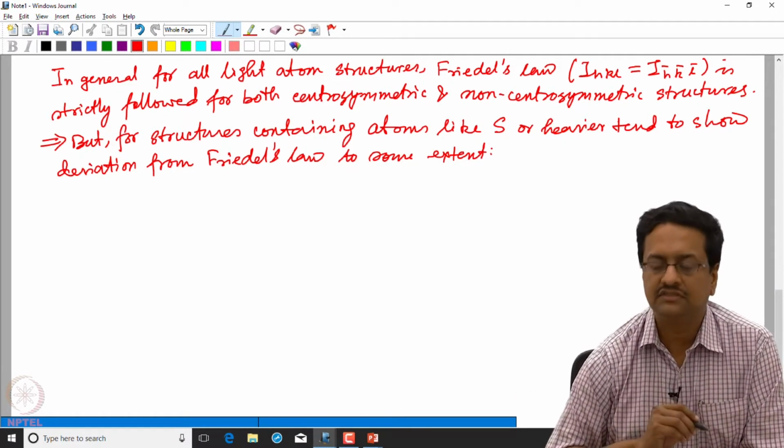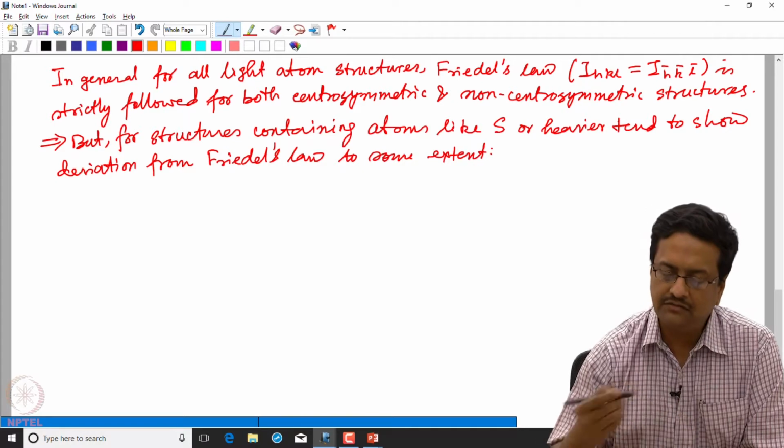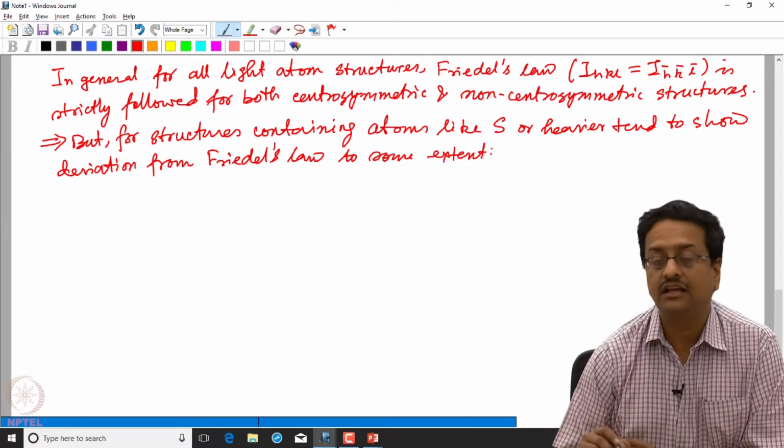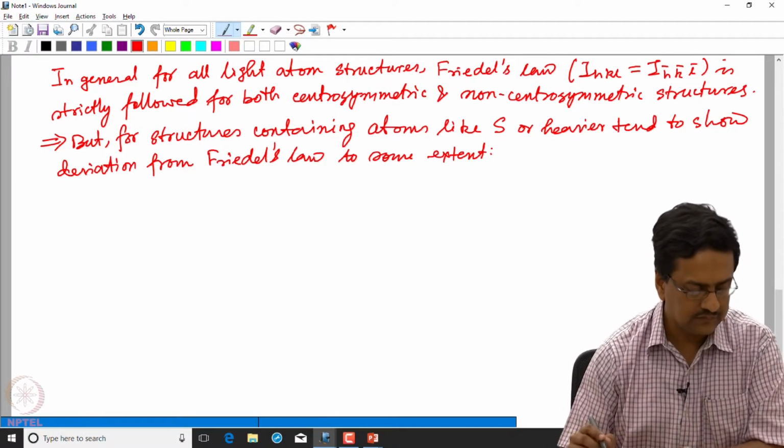So then it becomes easier to identify the centric and non-centric structures by looking at I H K L and I H bar K bar L bar.